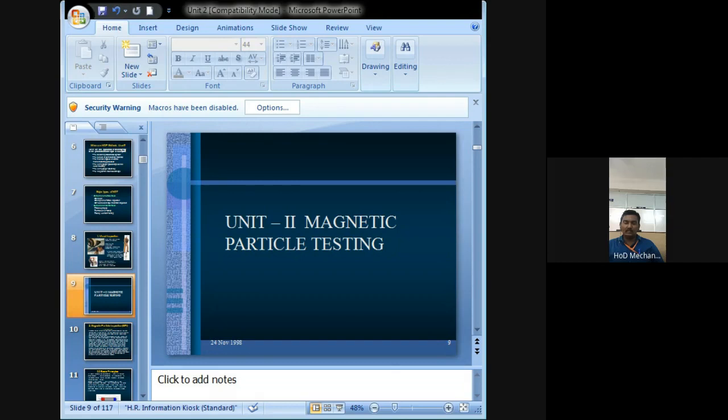And what is meant by the electromagnetic induction technique, the definition and principles of the electromagnetic induction method, and also what are all the instruments used for this method and the applications of electromagnetic induction.